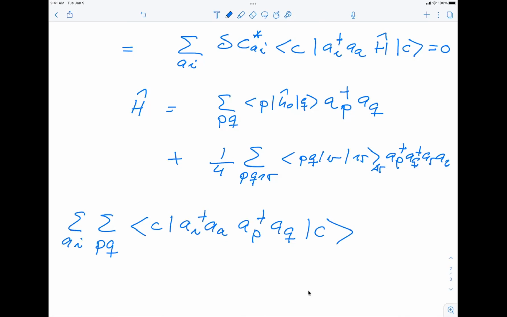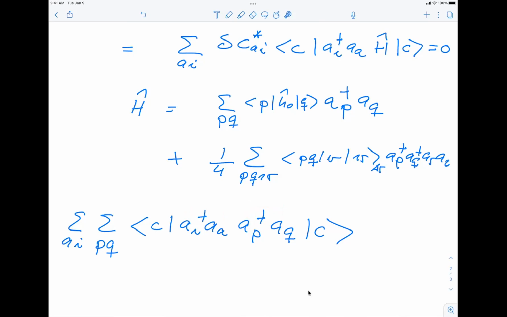In this particular case, when we look at the contractions, obviously this one to that one is 0, and this one to this one is 0. We know that this one to this one is 0 by definition. This one to that one cannot be done, because this is a normal-ordered string of operators; if we do this one, we will also have to do that one, which is 0 by definition.